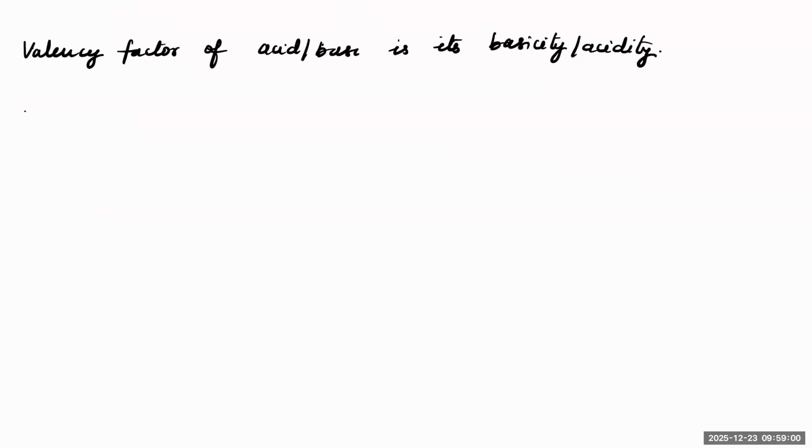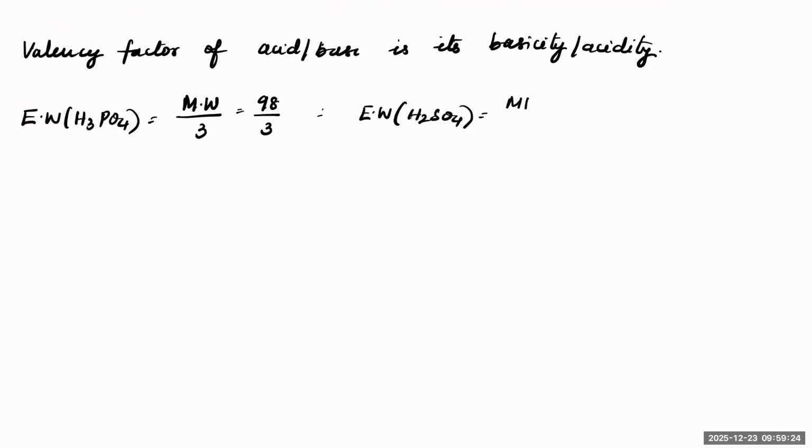So if I have to calculate the equivalent weight of H3PO4, then what will I write? It is molecular weight upon 3, which is 98 by 3. Got it? Likewise, equivalent weight of H2SO4 is molecular weight of H2SO4 by 2. Equivalent weight of aluminum hydroxide is molecular weight by 3.